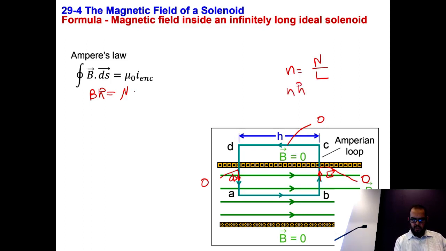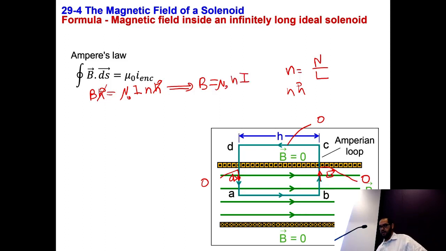So this will be I, the current flowing through the wire, times N h. You notice that the h's will cancel, and we obtain that the magnetic field is mu 0 N I.